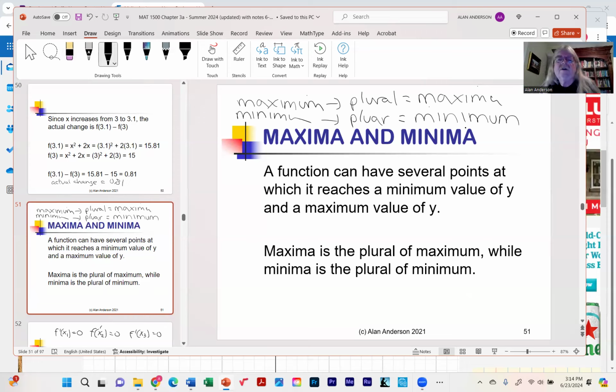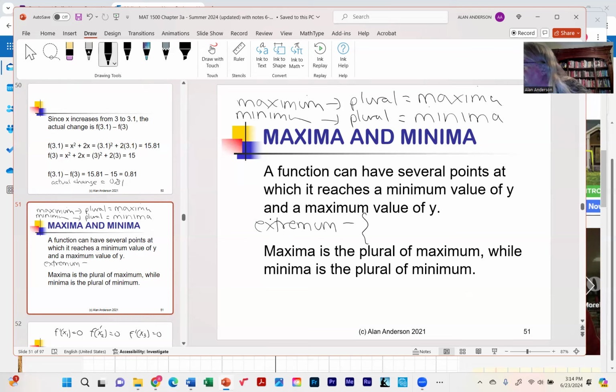Also, there's a word called extremum, which includes maximum and minimum.